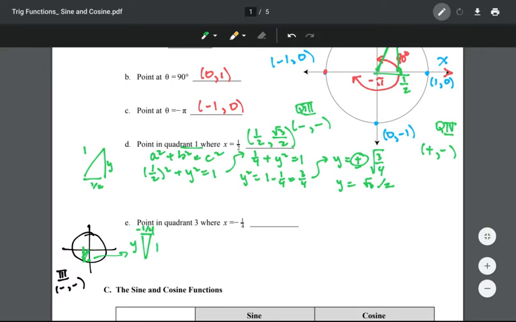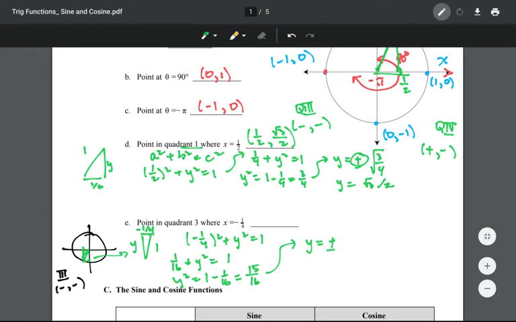So using the Pythagorean theorem, I can say negative 1/4 squared plus y squared is equal to 1. It's going to be 1/16 plus y squared is equal to 1. So y squared is 1 minus 1/16. That would be 16 sixteenths minus 1/16. So that's 15 sixteenths. I'm going to go ahead and take a square root.